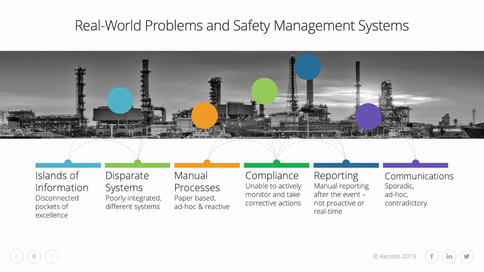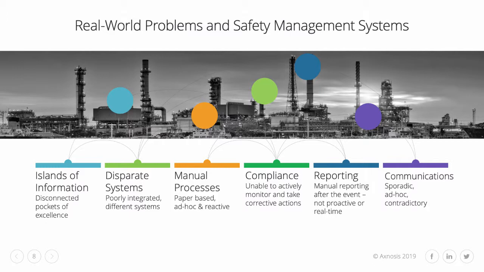The problem with implementing an isolated system is that you have poor integration between the different systems. You still have islands of information, and this means that reporting becomes difficult because you have to combine the information from multiple systems in a way that makes sense. Reporting is also slow and reactive, as opposed to being proactive and real-time.